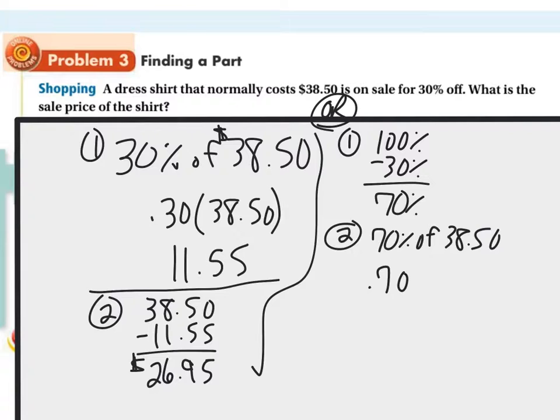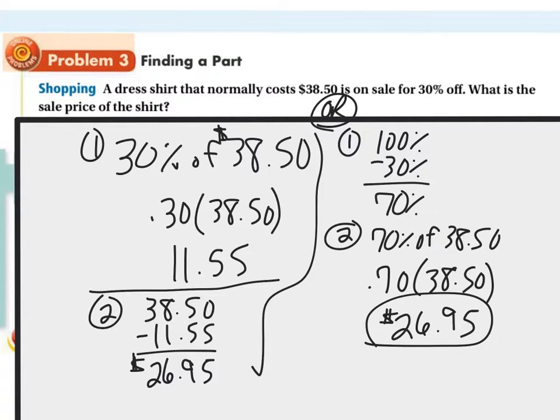Change 70% to a decimal and multiply, and you will get $26.95. So whichever way you want to do that's fine. The book's doing this percent equation and everything. I don't think we necessarily have to do an equation here, but just some different options for working that out.